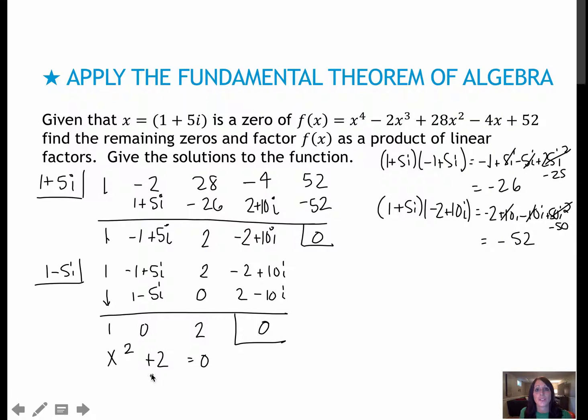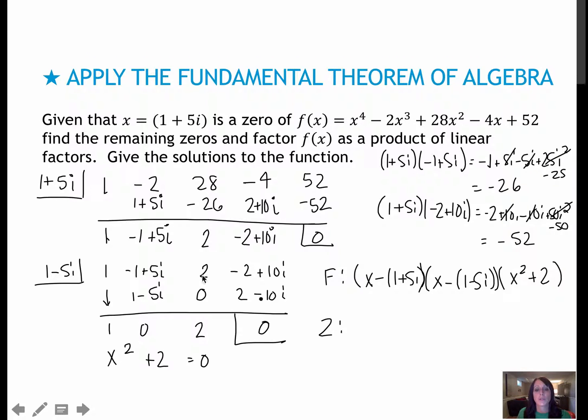I know that that's not going to factor anymore, so factored form would be x minus 1 plus 5i, x minus 1 minus 5i, and x squared plus 2.